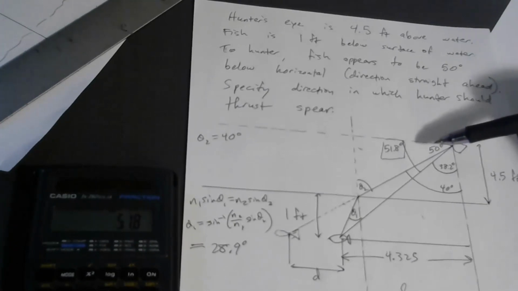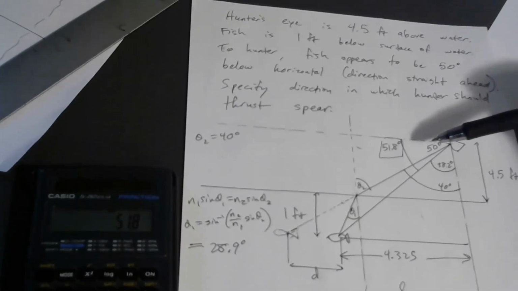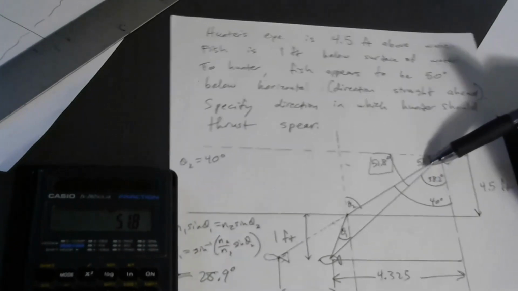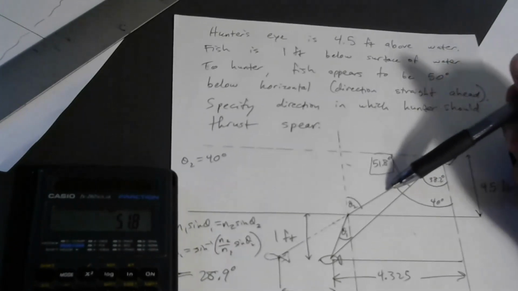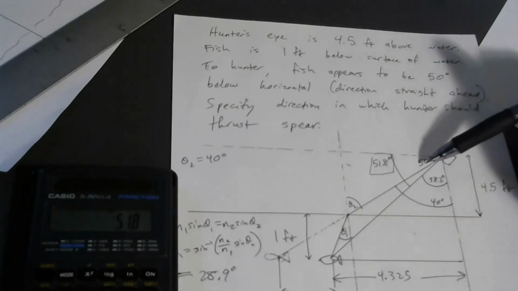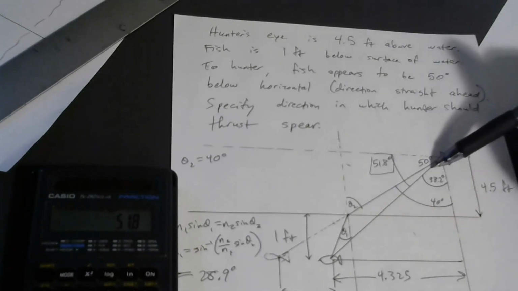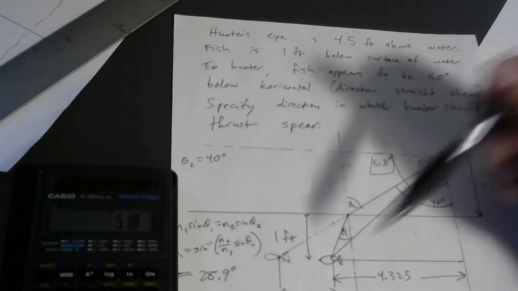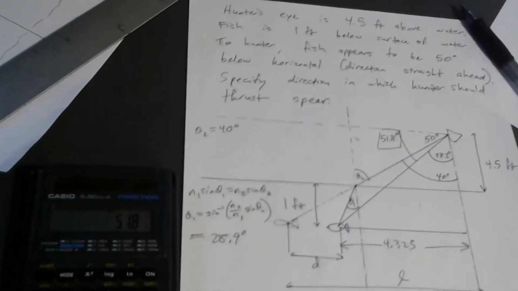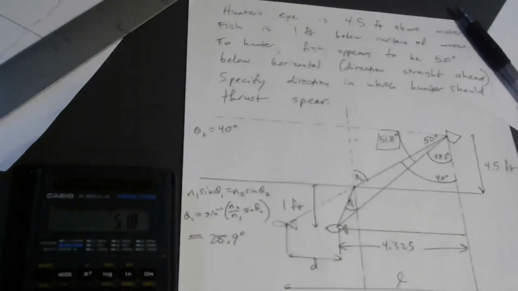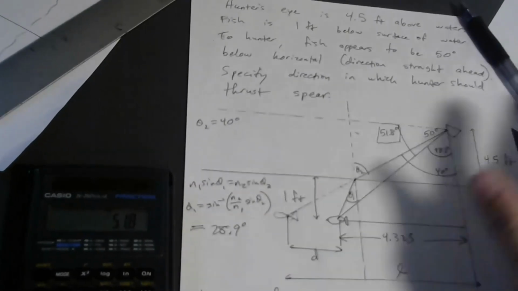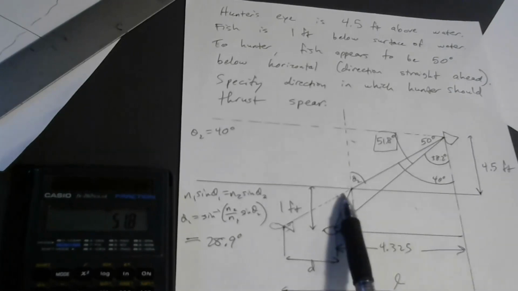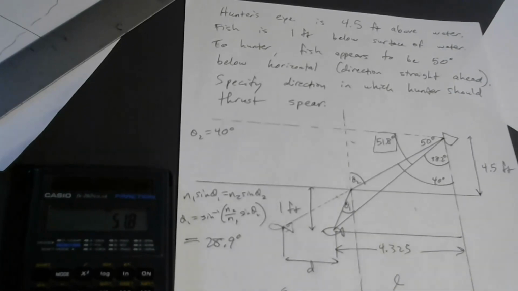So the upshot here is, while the fish may appear to be in a direction 50 degrees below the horizontal, if you actually aim at 52 degrees below the horizontal, you'd be more likely to strike that fish. So the angular deflection is something like 2 degrees. And that would all change if we had gone with different distances, if the person was taller, if the fish was deeper in the water, presumably all these angles would change.